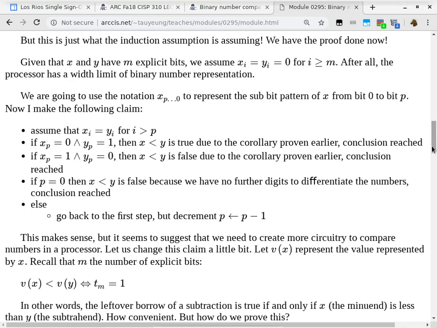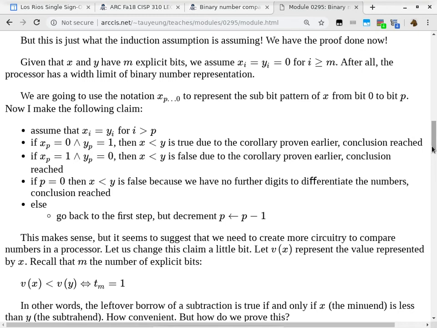So p is a loop variable from a high number, which is m, working ourselves back. The next statement says, with a new value of p, because it keeps getting smaller and smaller, if x subscript p equals 0 and y subscript p equals 1, then we can make a conclusion that x is less than y.